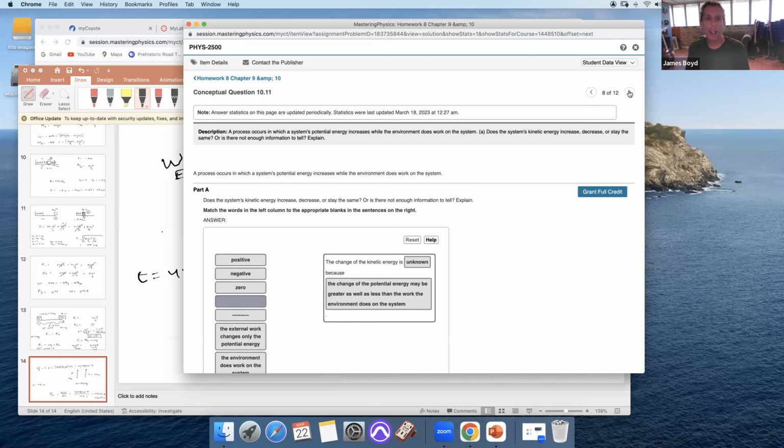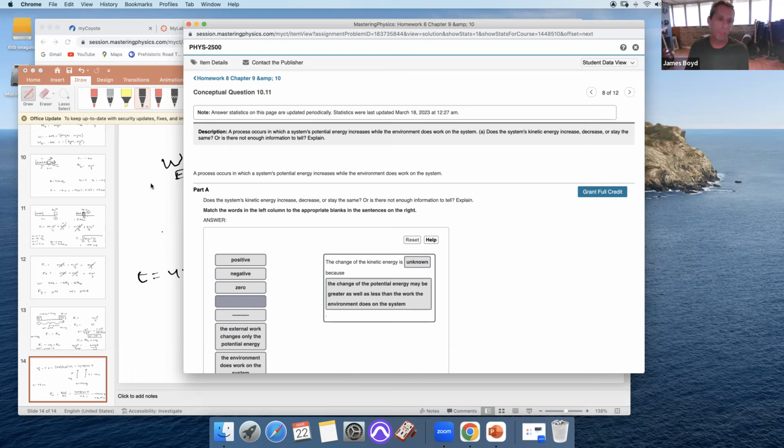All right. In a process in which a system's potential energy increases while the environment does work on the system, does the kinetic energy increase, decrease, or stay the same, or is there not enough information? Well, we don't know. I gave you this question because I wanted you to think about this.